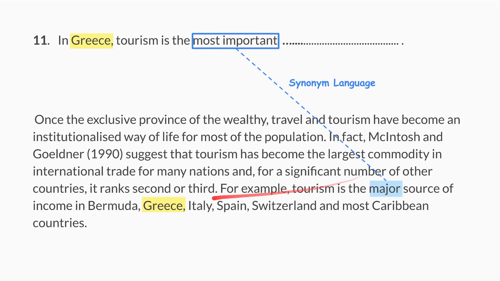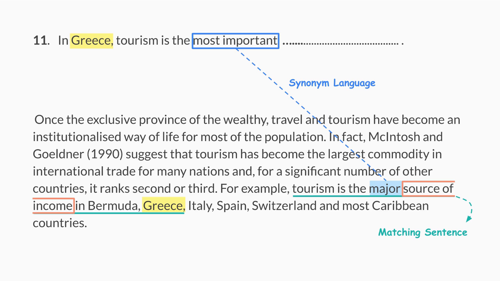Once you have located the keywords and the surrounding words, then you have located what we call the matching sentence. The matching sentence is where you're going to find your answer. It's the most important sentence because that is where your answer is hidden. So in this case, we have found our answer, which is source of income.